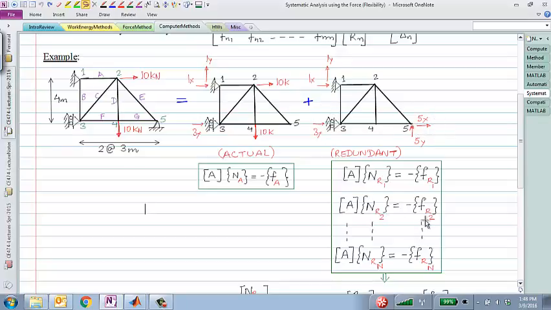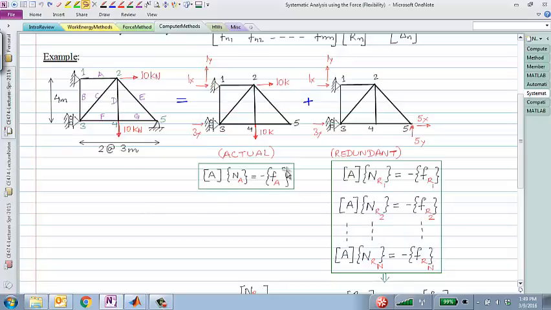Then I go to the second redundant force, 5y, apply a unit load here, and solve for all my internal forces and reactions. Once I have these two, I have the solution to the actual problem and the two redundant problems. In general, you might have many more redundant forces, so I've written it as a sequence of redundant problems.